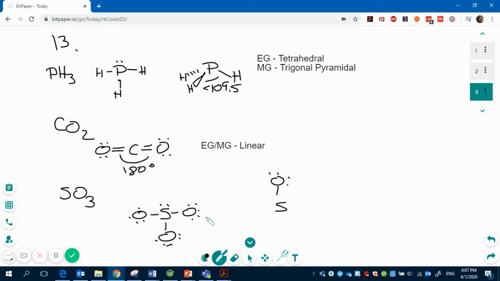Now, irritatingly, SO3 can be an odd electron species, and in fact, the best probable way to draw SO3 is if we go with the expanded octet version, right? We can have this.